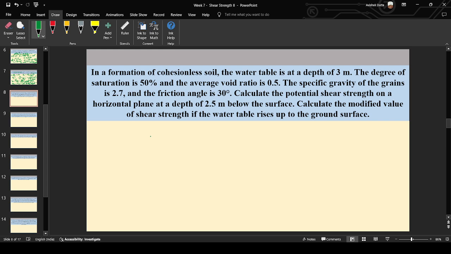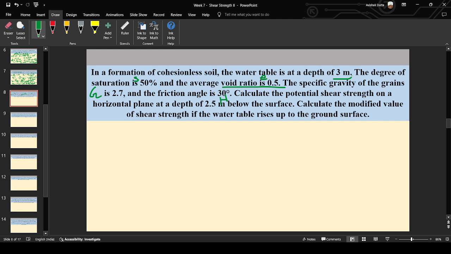Okay. So here we have the values, void ratio E 0.5, degree of saturation S, specific gravity G, depth of 3 meter, depth of 2.5 meters. So this is the H, this is the value of the water table depth.